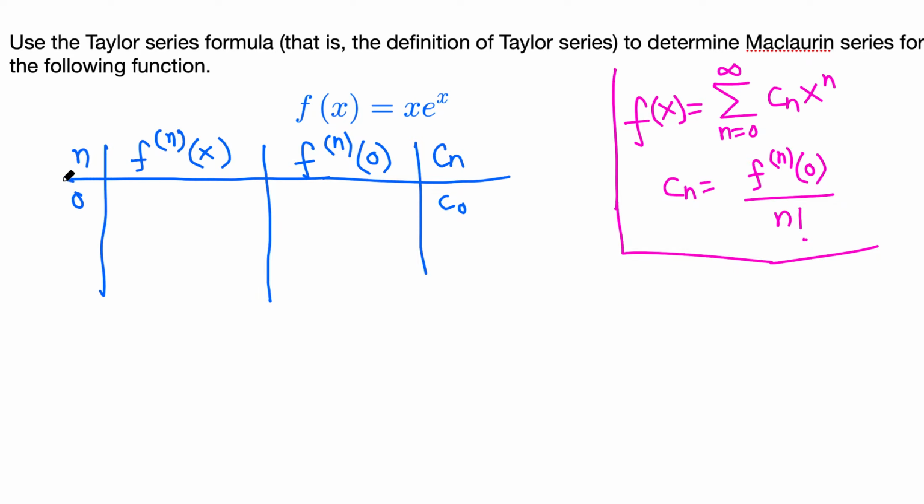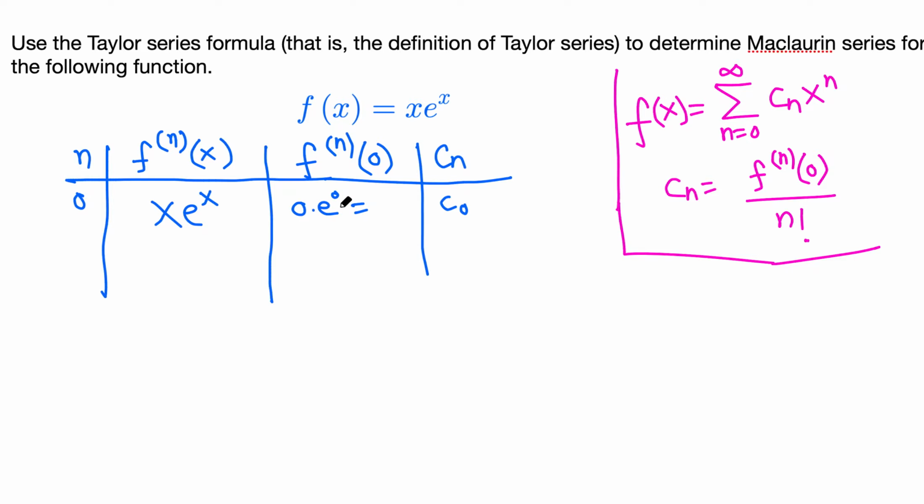The 0th derivative is the function itself, x e^x. Now evaluate at 0: 0 times e raised to 0. E raised to 0 is 1, and 0 times 1 is 0. So C0 is 0 over 0 factorial, which is just 0.